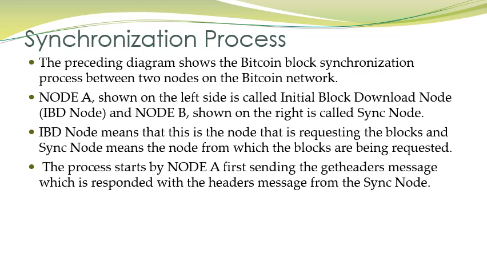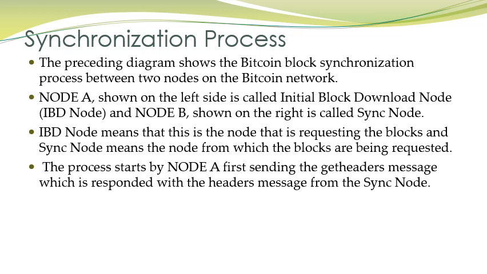In the previous figure, node A is called the IBD node, the initial block download node, and node B on the right side is called the sync node. The IBD node is the node requesting the blocks, a copy of the blockchain. The sync node is the node from which the blocks are being requested, the remote node from which the IBD node will get the copy of the blockchain.